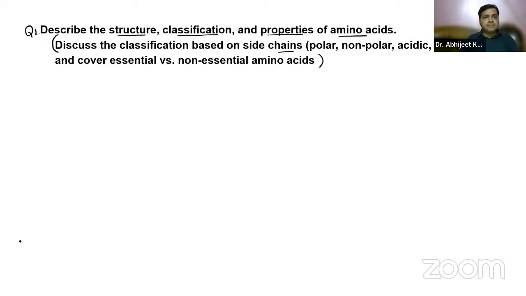But let us just start with the basic concept of amino acids first. So answer number one. We are discussing amino acids.